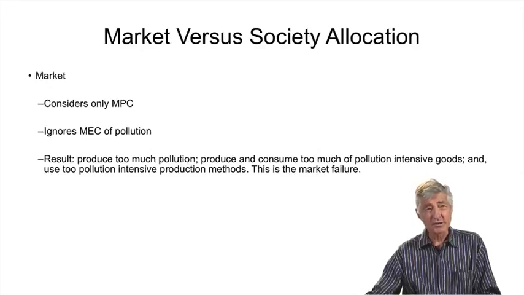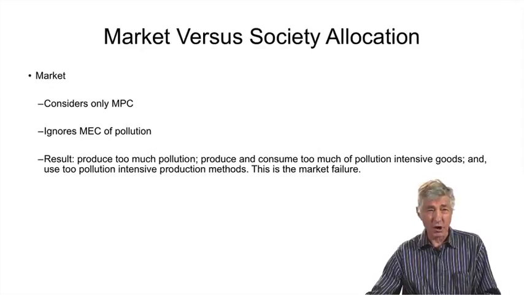In essence, society says we would be better off moving from less coal-fired electricity to more solar and wind-driven electricity. We would be better off doing a little bit more walking and less driving our cars. We would be better off eating a little bit more poultry that's less polluting and less beef and lamb that are more polluting. This is the market failure.